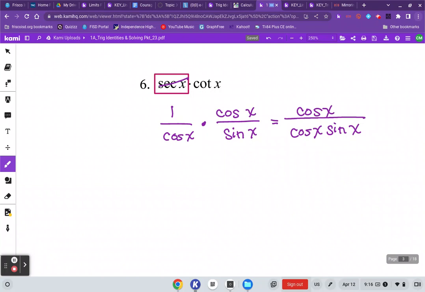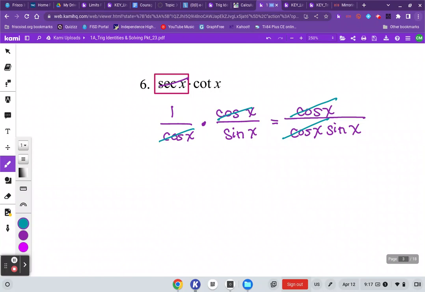Then I notice that I can do what? I can cancel out the cosines. Yes, cosine over itself is equal to 1. You may have even noticed that before we did the multiplying. And so if you noticed it back here, then you can go ahead and cancel those out, knowing that they are equivalent to 1, so they cancel out.